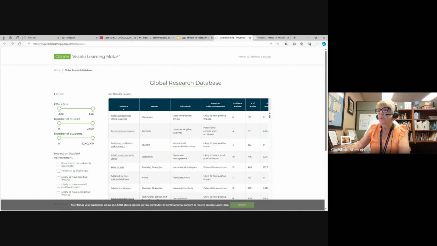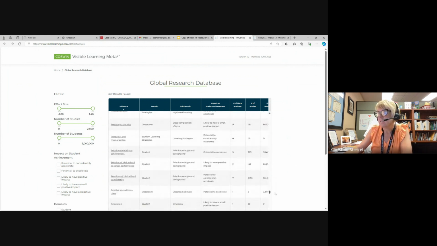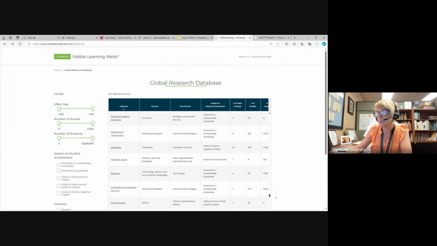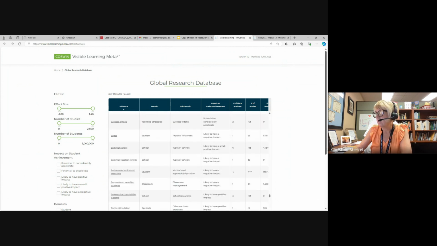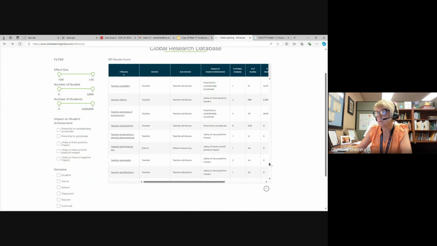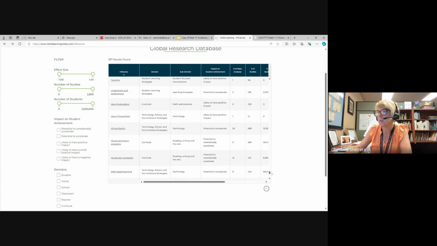And I'll send you the link to this. I can see all these different strategies and effects. So I'm going to scroll down to vocabulary because I want to see what the research says about vocabulary instruction.